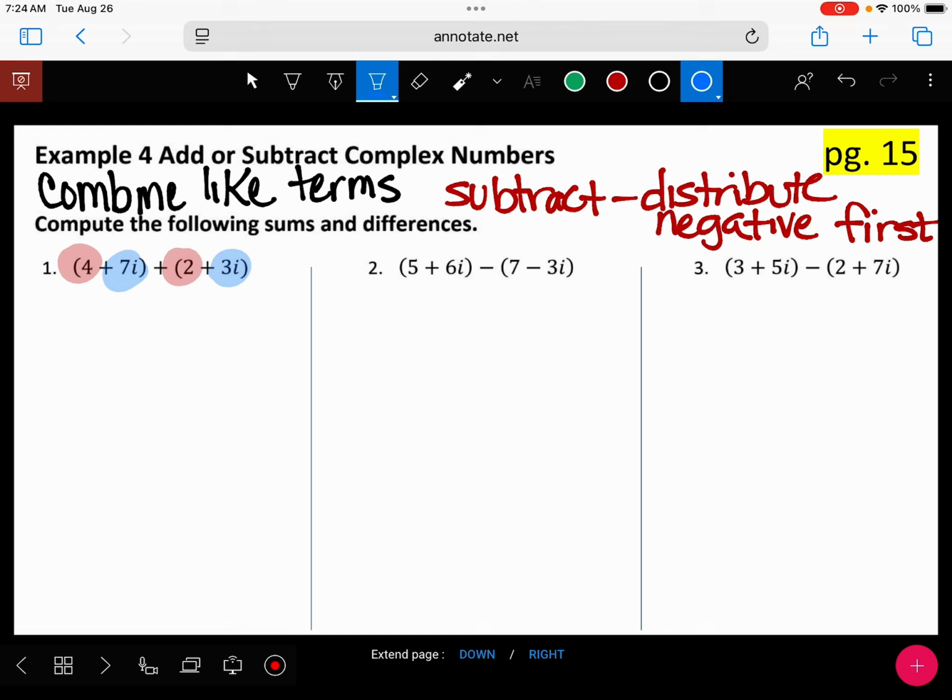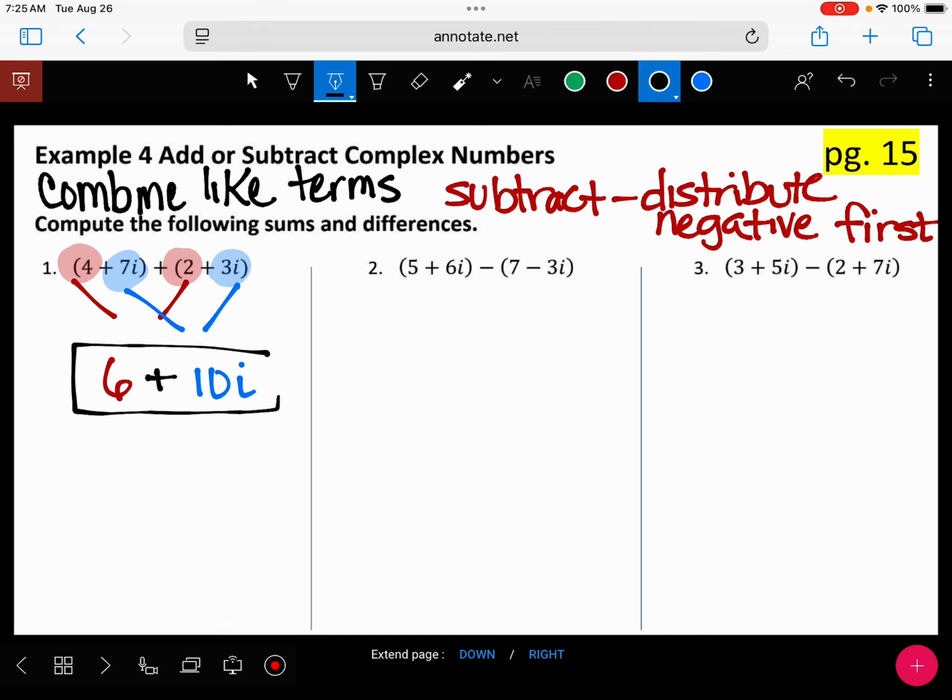That's what I get when I add these together. And then when you add these together, what do you think 7i plus 3i is going to be? 10i, yeah. Sorry, I can't hear because I'm congested. So that would be your answer. Hold on, pen is acting up too. That would be the answer to number 1.